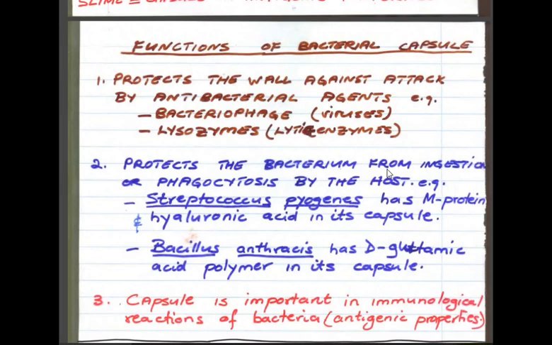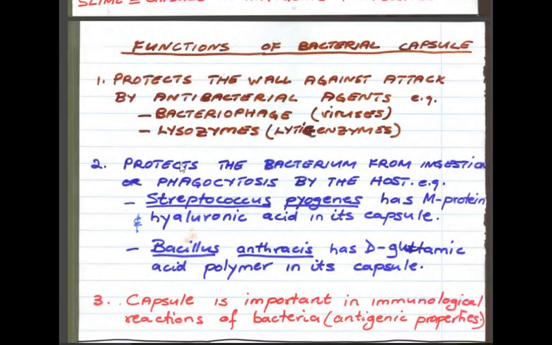Phagocytes are cells of the immune system that help in cleaning your system. Now, the host wants to get rid of the bacterium, but the bacterium wants to stay in the system. So the bacteria has also its own ammunition. It has the capsule to make it difficult for the cell to swallow it.